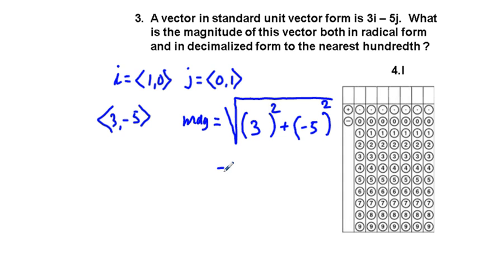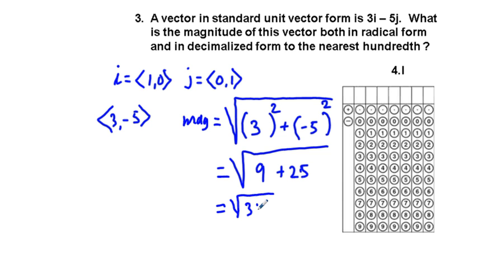When we work that out, we have 3 squared, which is 9, and negative 5 squared, which is not negative 25, but positive 25. So we have the square root of 9 plus 25, which is 34. Do not put 34 up here.